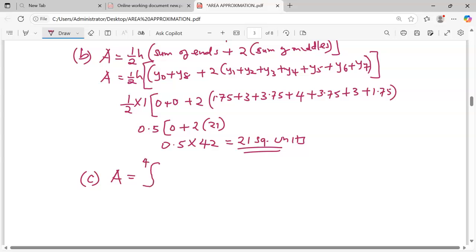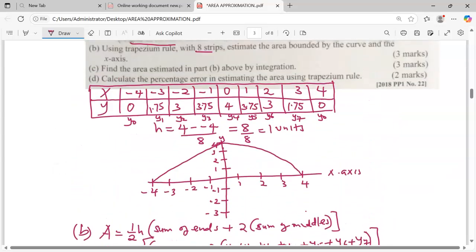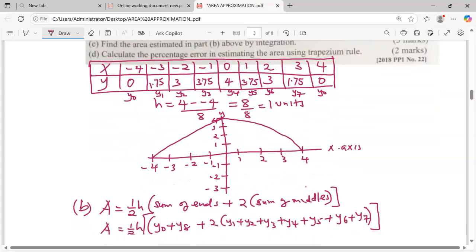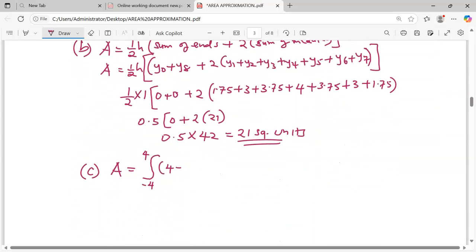We are supposed to integrate between x equals 4 and x equals -4, and the function we are integrating is 4 minus a quarter x squared, and we are going to integrate this with respect to x.